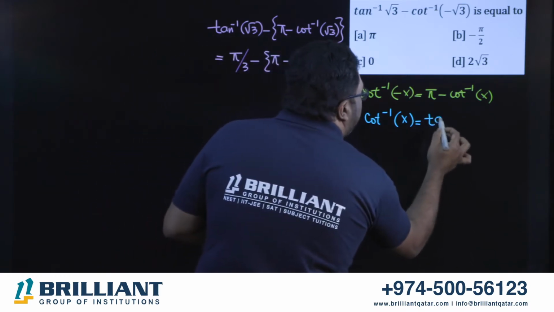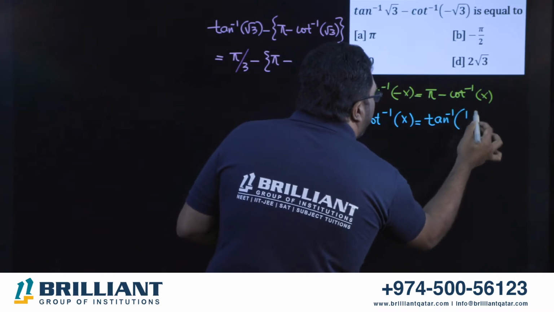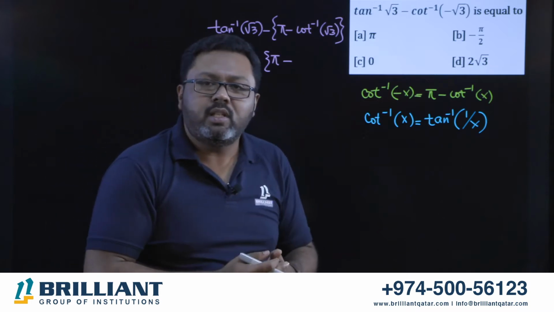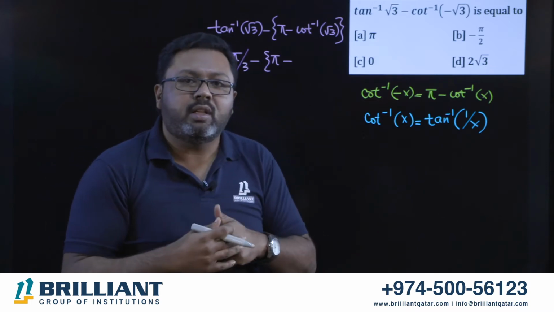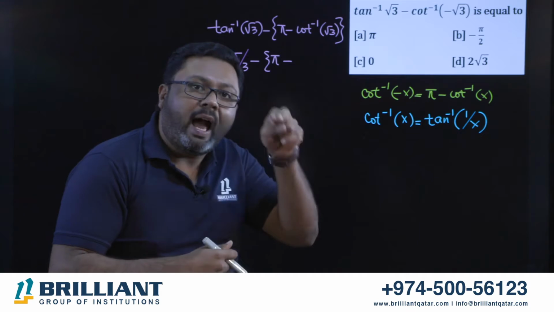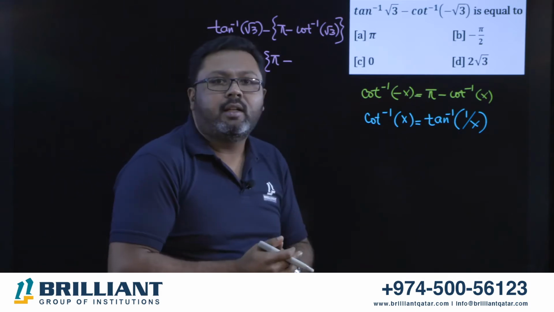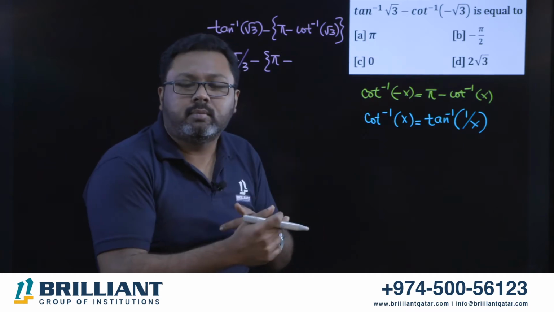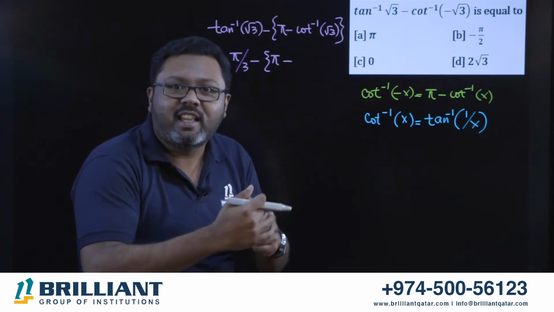That is simply cot inverse x equals tan inverse 1 by x. We know that tan and cot are reciprocals of each other, but when it comes to inverse trigonometry, the reciprocal happens inside the inverse function. The value of x is reciprocated.